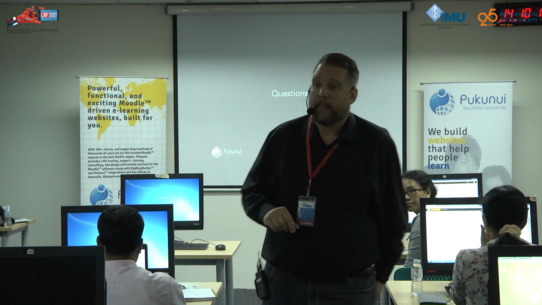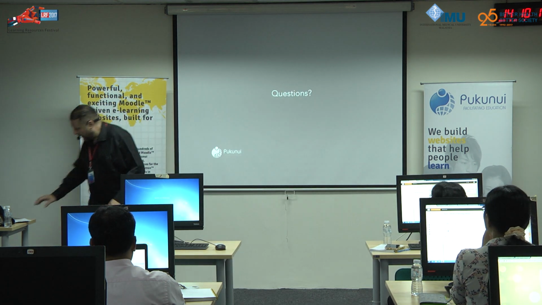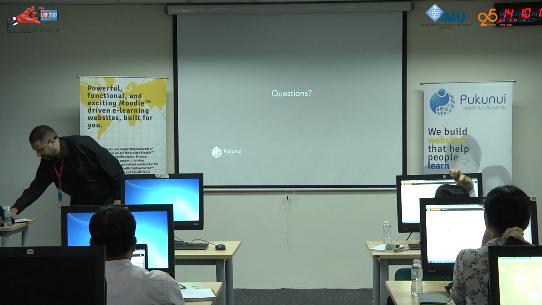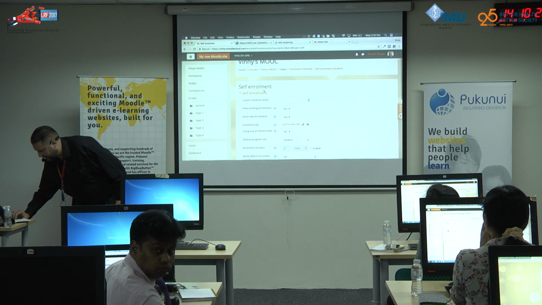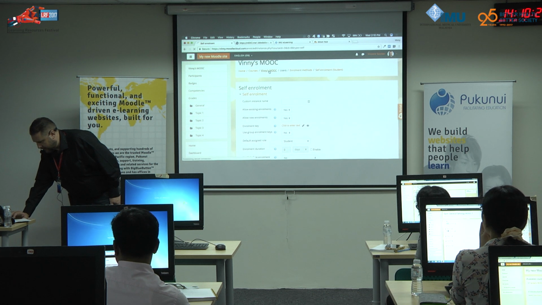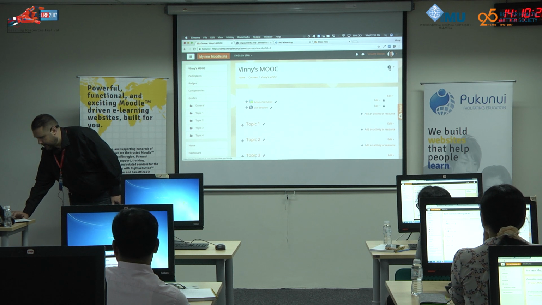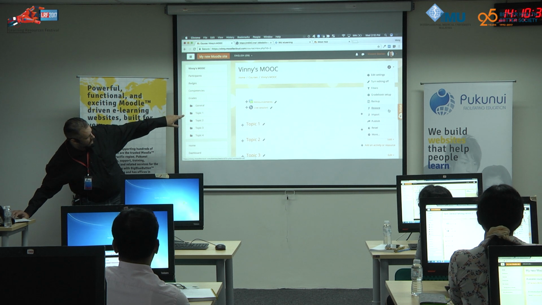Yes. Can you just show the last thing? Yeah, sure. So I'll show you how I got to that again. On my course, I clicked up on the gear at the top there, the gear icon, to go into this menu.